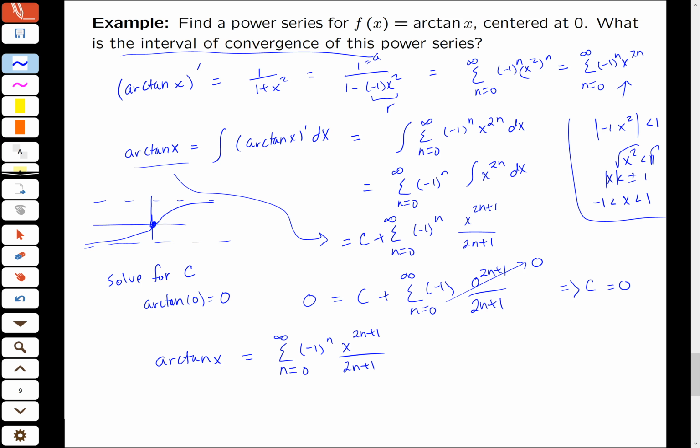So let's check x equal negative 1. We have the sum n equals 0 to infinity, minus 1 to the n, minus 1 to the 2n plus 1, over 2n plus 1. Combine your minus 1 to a power. That means we add our exponents. I have n plus 2n plus 1.